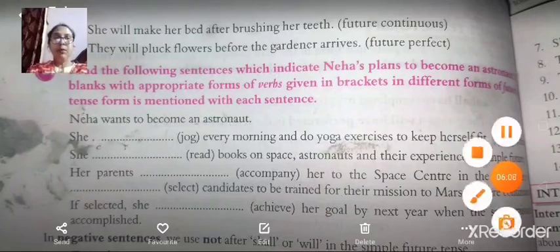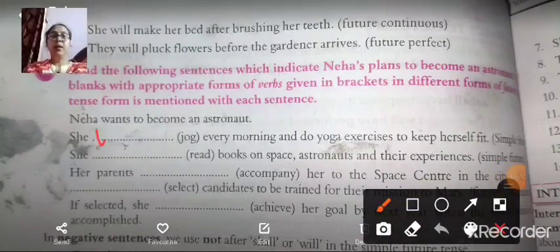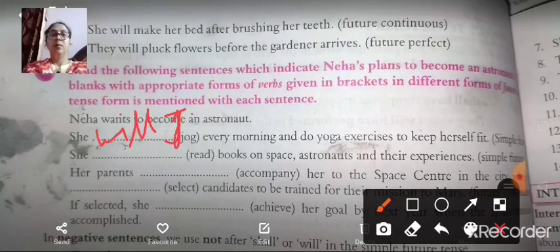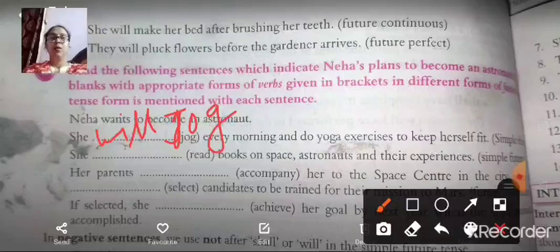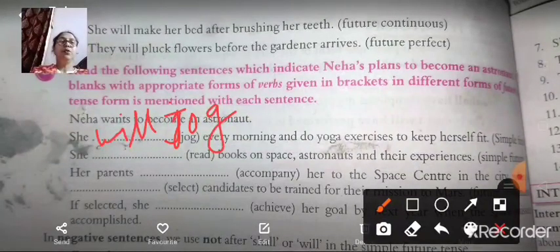Now we are going to make the first sentences in the simple future tense. Now let's solve. In the first, we are going to write will jog. And the next line is simple future tense, so we will write will read.